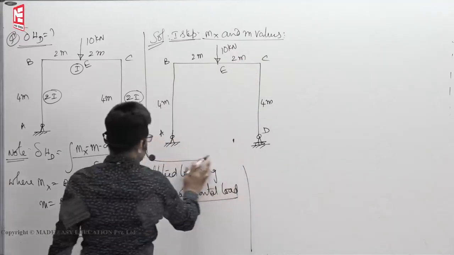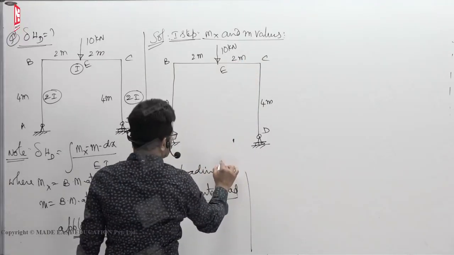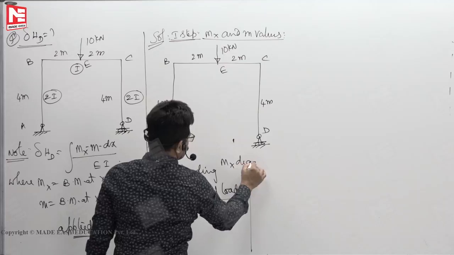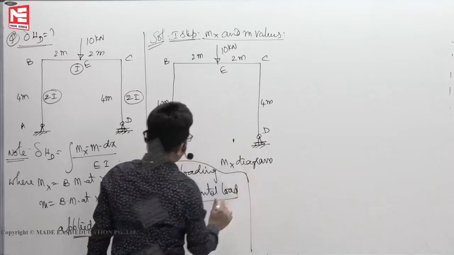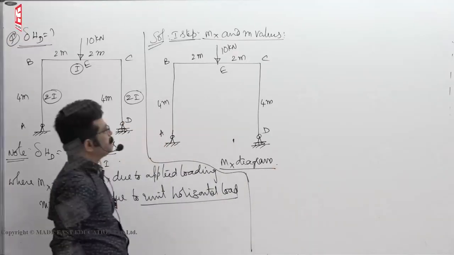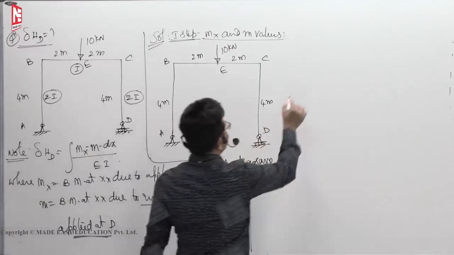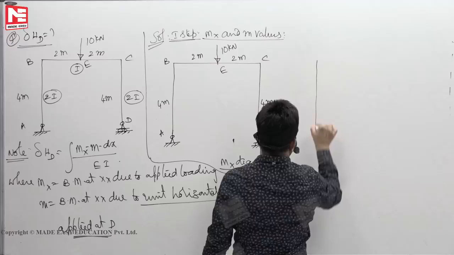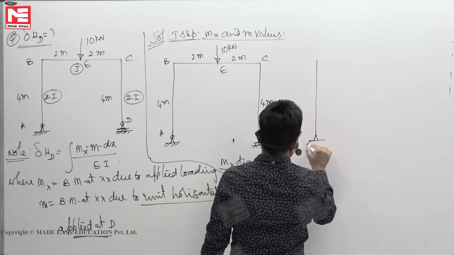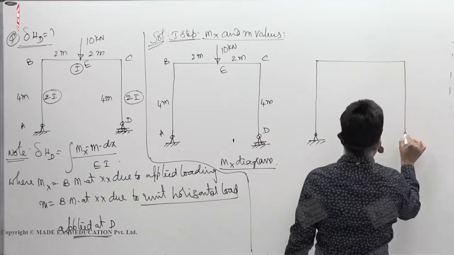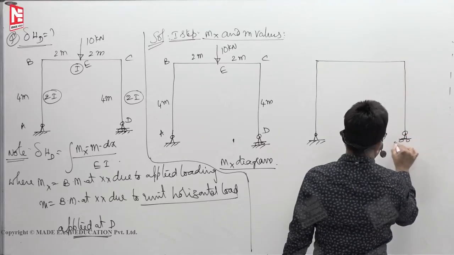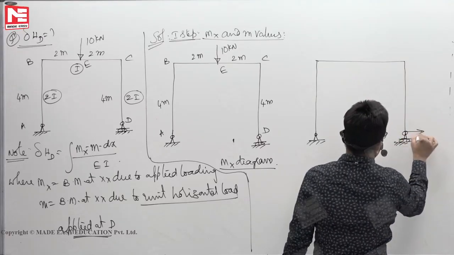Okay, this is your Mx diagram, due to applied load. Then due to unit load, one.